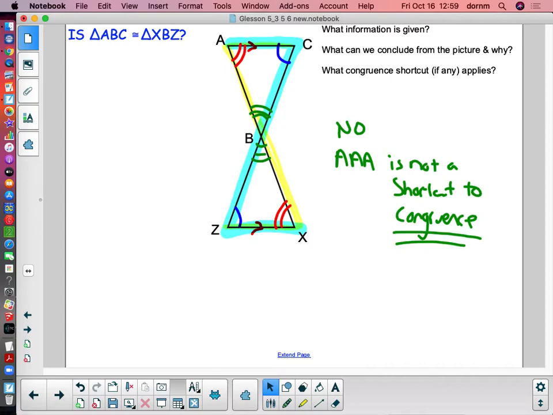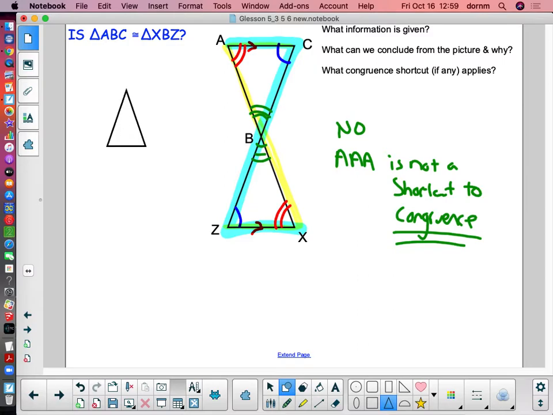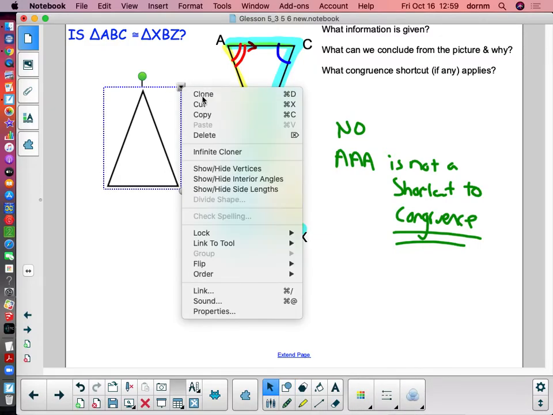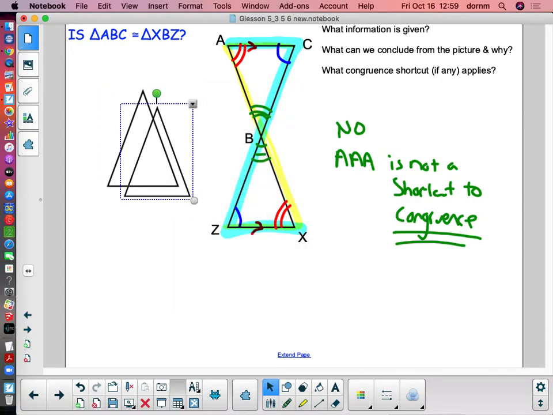Congruence means they're exactly the same size. And if you remember back to our transformations chapter in chapter 4, we did dilations. I kind of showed you this. I took a triangle or a different shape, I think it was a hexagon, but we'll do it with triangles here. And I cloned it. And then we did the dilation by reducing the size, right? But remember, I showed you that the corresponding angles were still exactly the same.